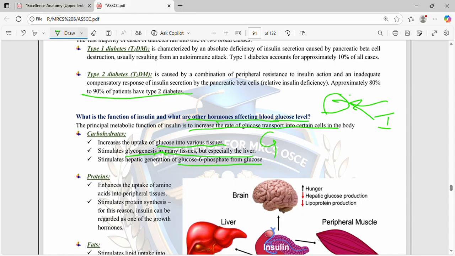On proteins, it enhances uptake of amino acids into peripheral tissues and stimulates protein synthesis. For this reason, insulin can be regarded as a growth hormone.